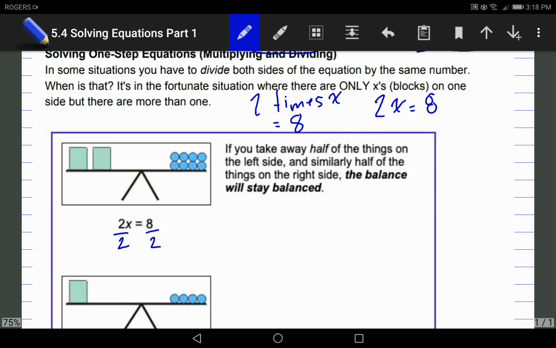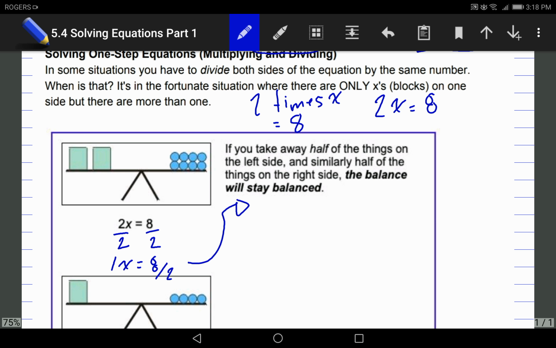Lo and behold, what happens on the left actually? Like when you have 2 divided by 2, how does that just cancel each other out? Well, 2 divided by 2 is 1, right? Any number divided by itself is just 1. So what you're left with is 1x equals 8 divided by 2.